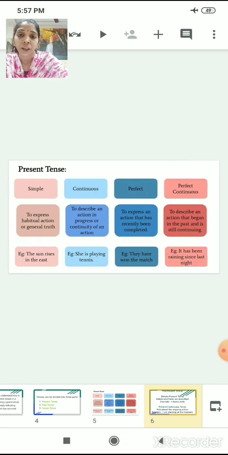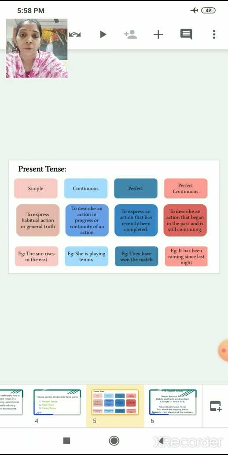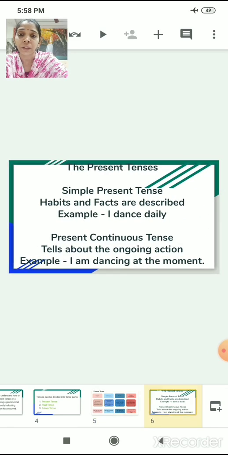Then present continuous tense describes an action in progress or continuity of an action. For example, she is playing tennis. I'll give you another example. I am dancing at the moment.